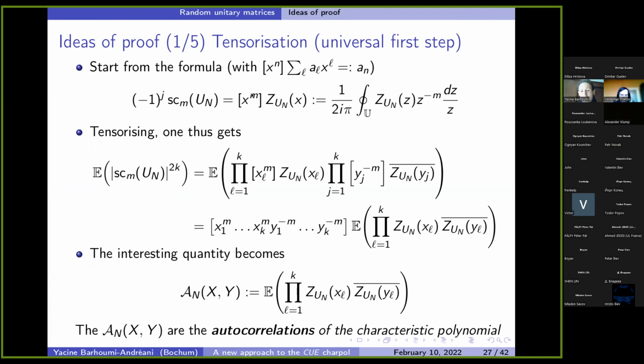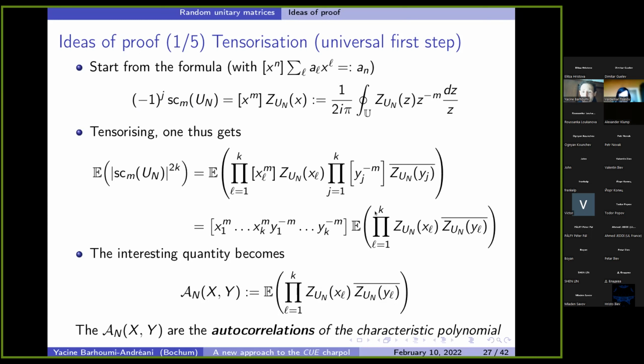You take the x^m Fourier coefficient of Z_U of x, and you write this as a product over k of each coefficient. So you have x^m power 2k, you write x1, x2, x3 until xk, y1, y2, y3 until yk. And then you take out the coefficient and take the expectation of the product. So this is a little Fubini.